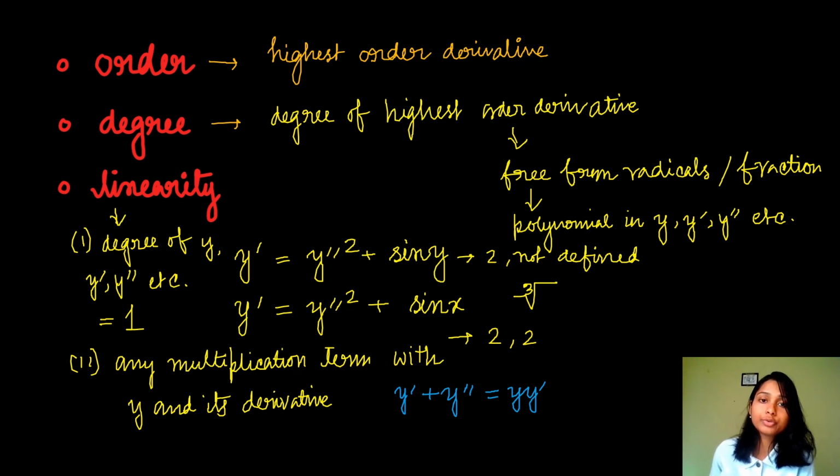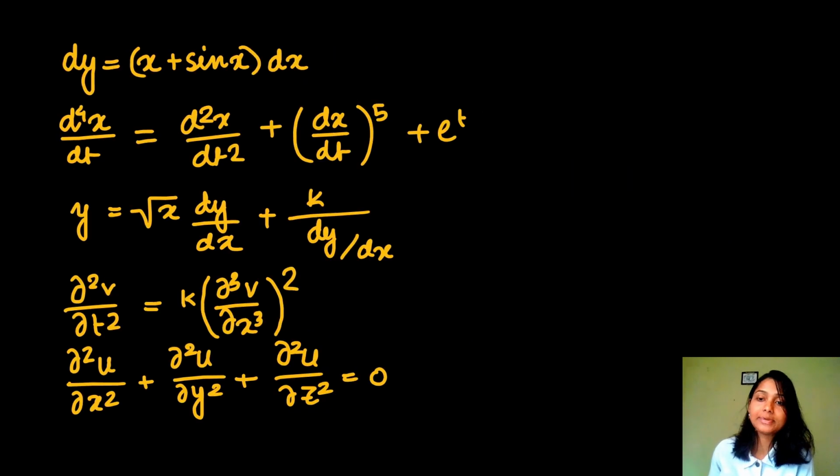If we move to the next example, let us now check the linearity, the order and the degree of the differential equation. First let us come to the order of each of these differential equations. For this, the highest order derivative present is dy dx, so it should be 1.